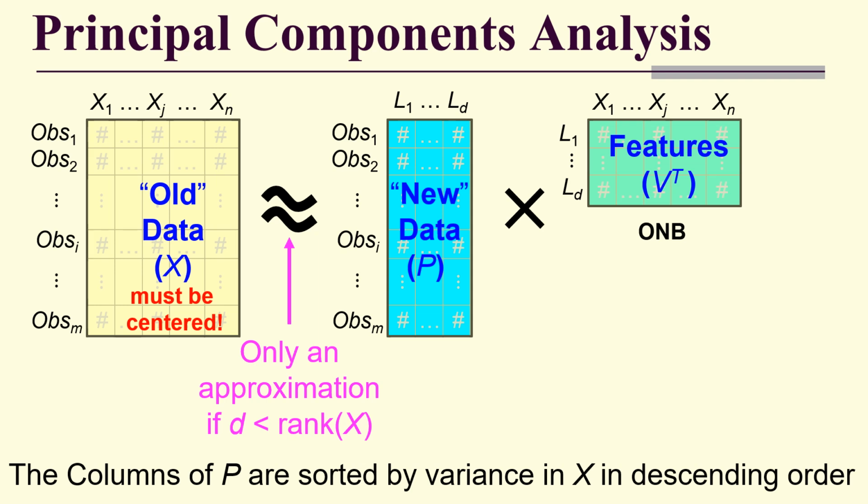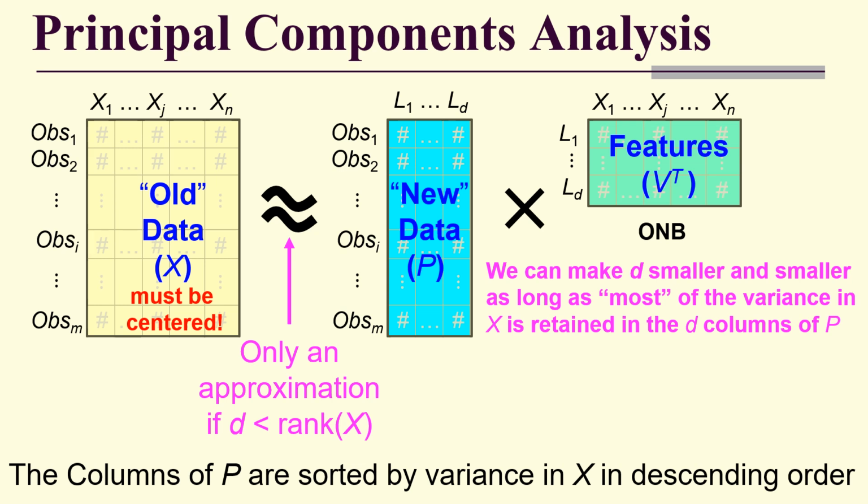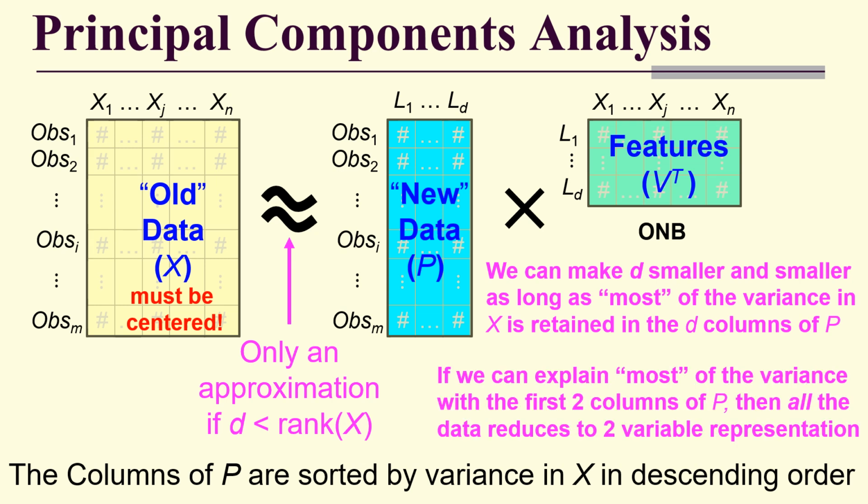And so we get an approximation if d is less than the rank of X. And we can make d smaller and smaller as long as we retain most of the variance in X in the columns of P. In particular, if we can explain most of the variance with the first two columns of P, then all the data reduces to two-variable representation.